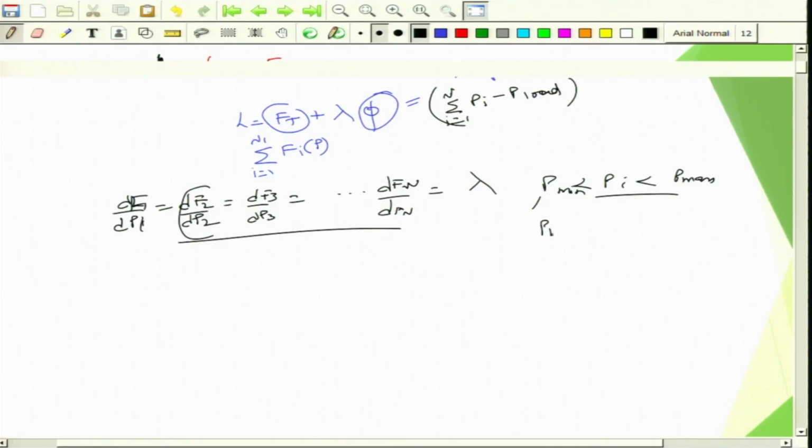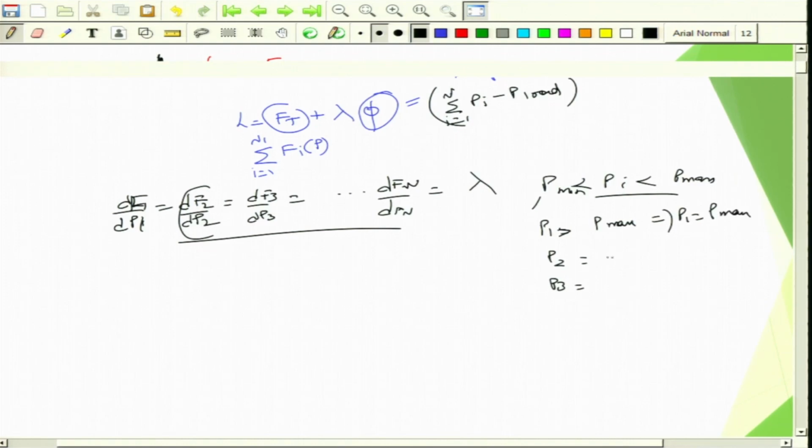Suppose for generators 1, 2 and 3, the first generator increases beyond the maximum capacity, then we assign P1 equal to P max.